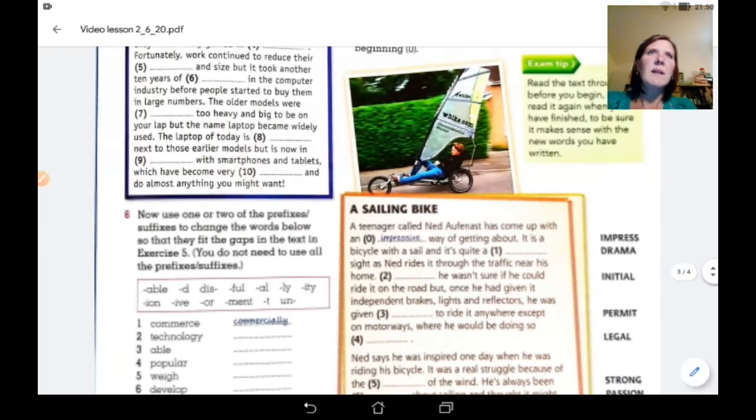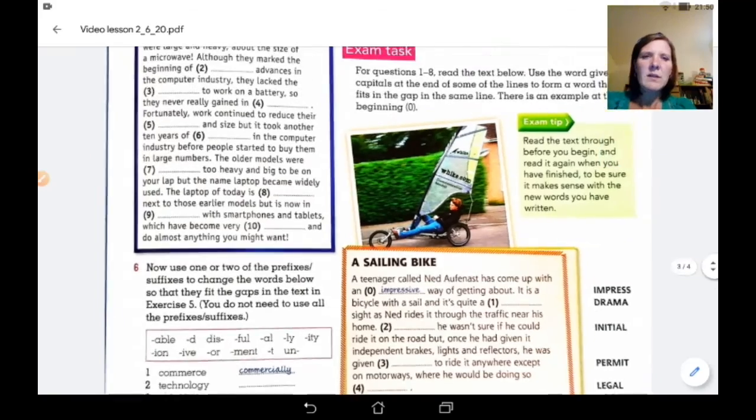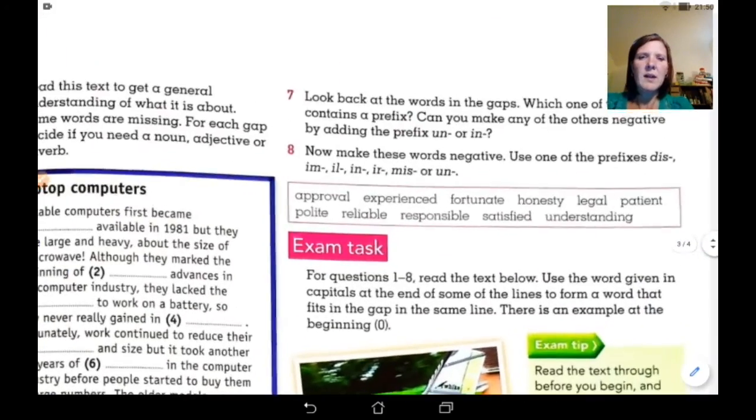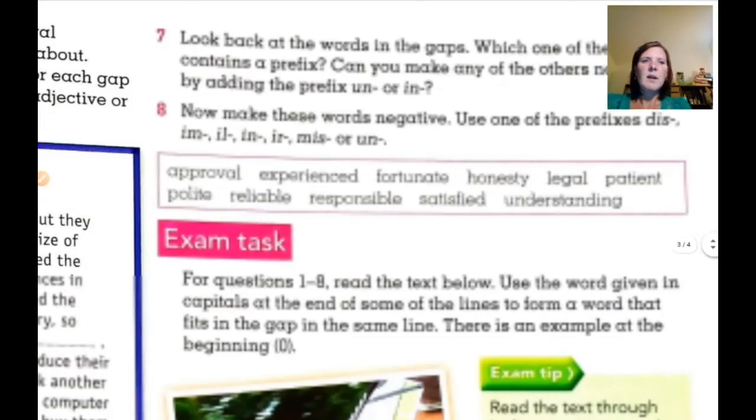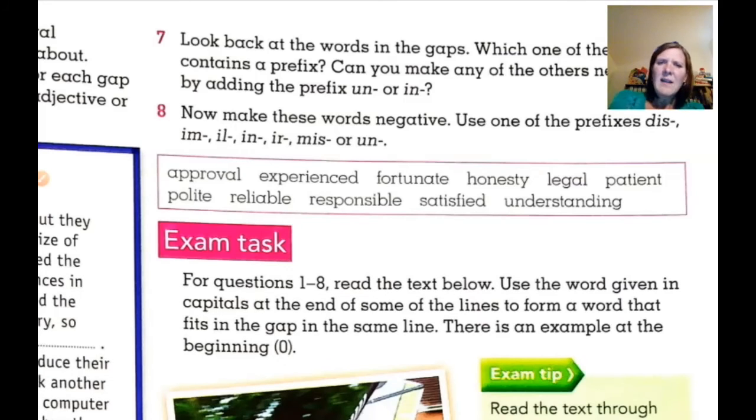So this is basically another exercise. Which I think it's quite easy actually to make mistakes with this one. So we're looking at, this is number 8, how you make these words negative. Okay, if you want to have a go first, then pause it now and have a go, and then I'm going to tell you the answers.